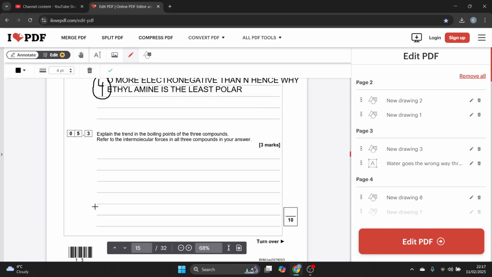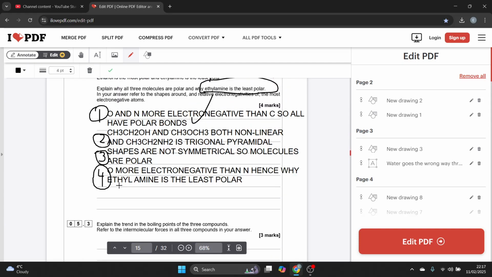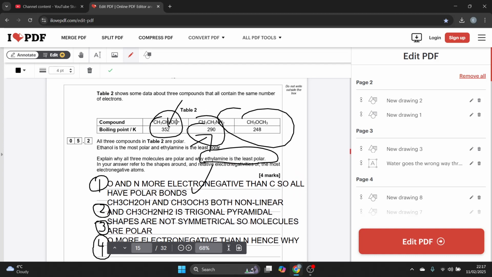Then it says explain the trend in boiling points of the three compounds. So boiling points, hydrogen bonding, that's what I'm going to talk about. And I can clearly see ethanol definitely has hydrogen bonding. Does ethylamine have nitrogen bonding to an NOF atom? Yes, it does.